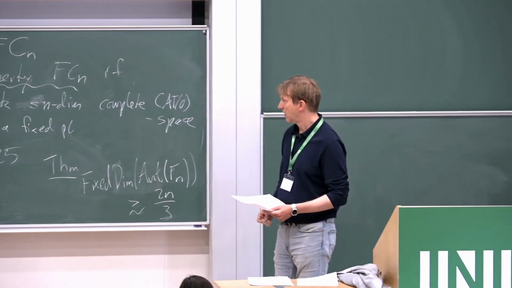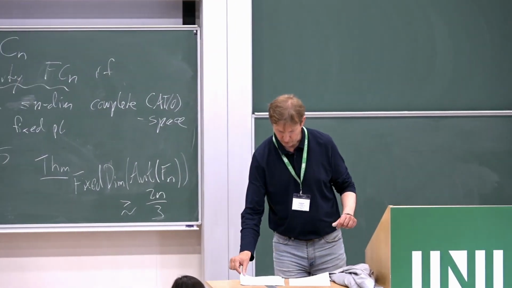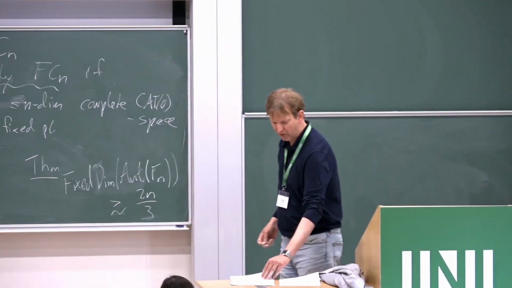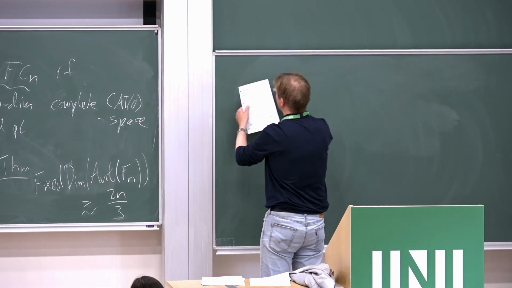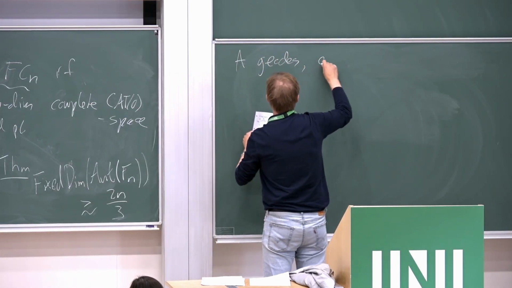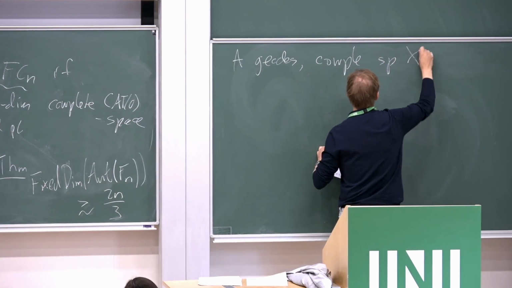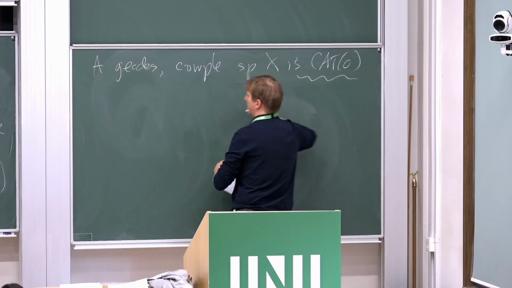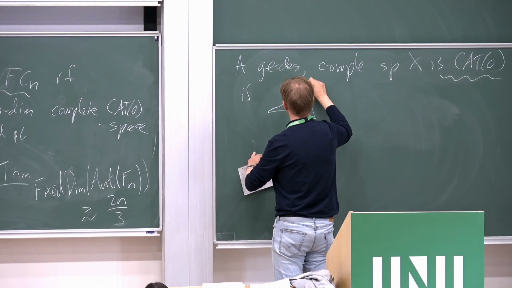So that's a kind of introduction. Probably everyone knows the CAT(0) definition, but maybe I'll write it there. A geodesic and complete metric space is CAT(0) if, whenever you take three points, geodesics exist and they will be unique.